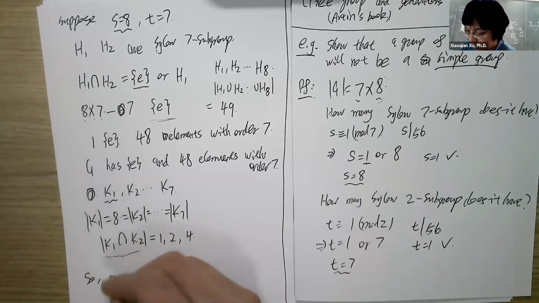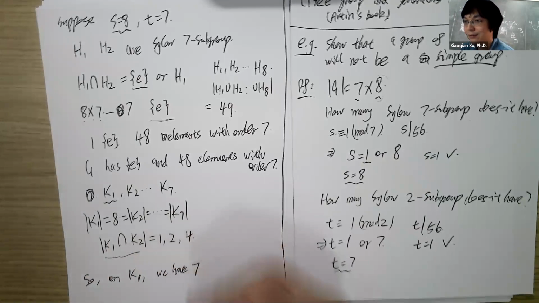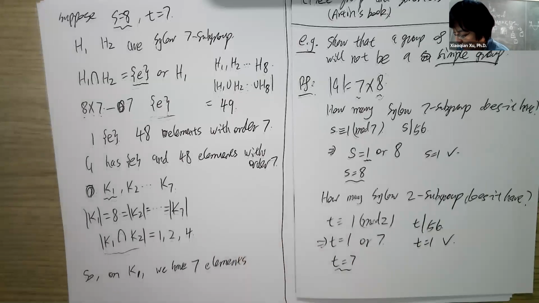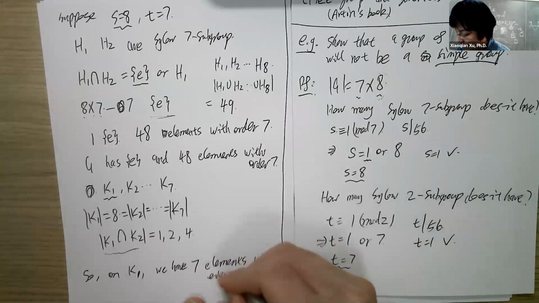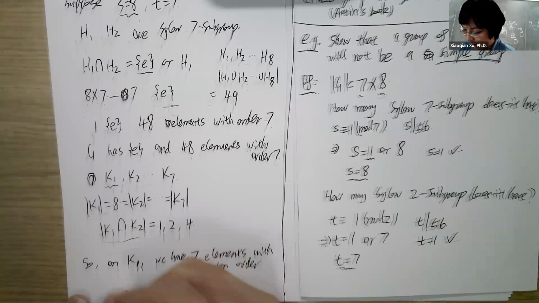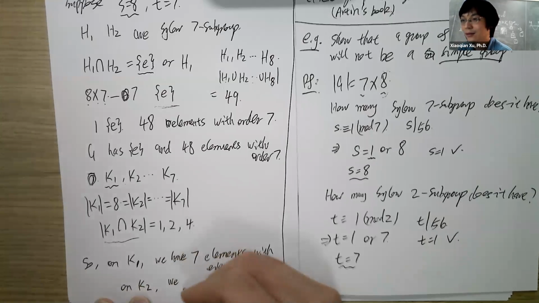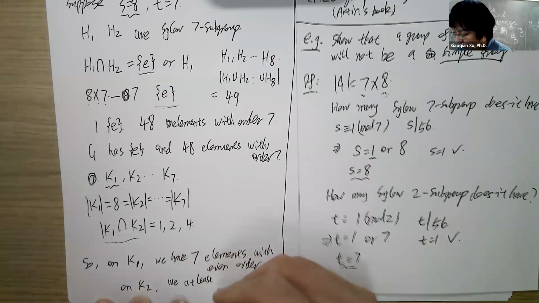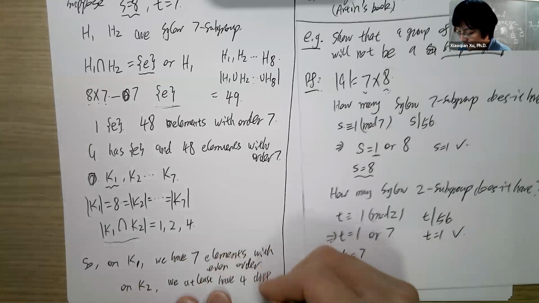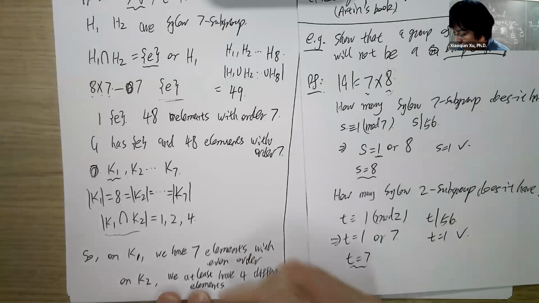So on K1, we have 7 elements with even order. On K2, we have at least 4 different elements of even order.